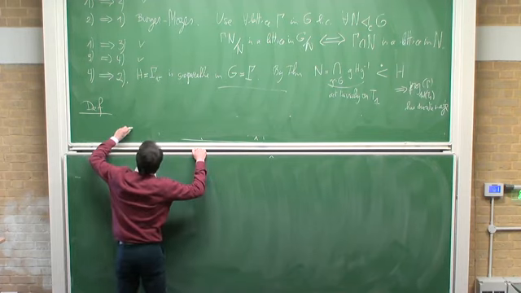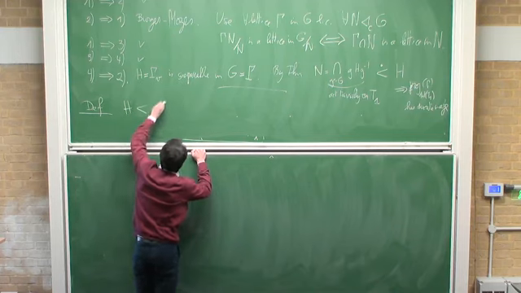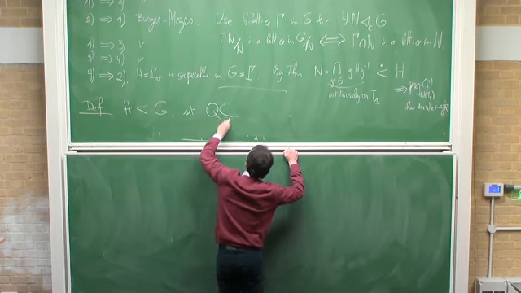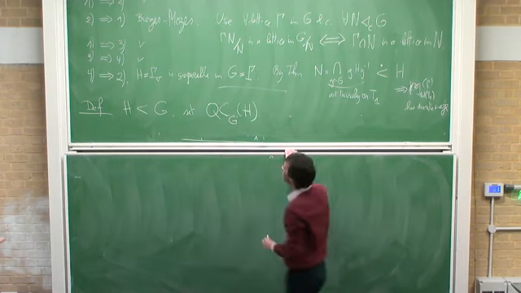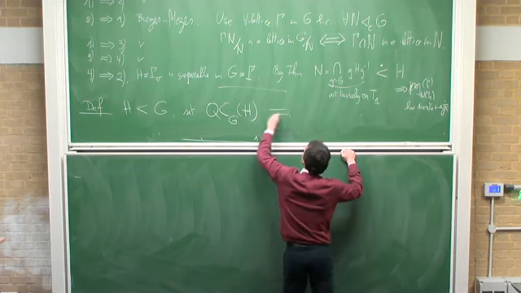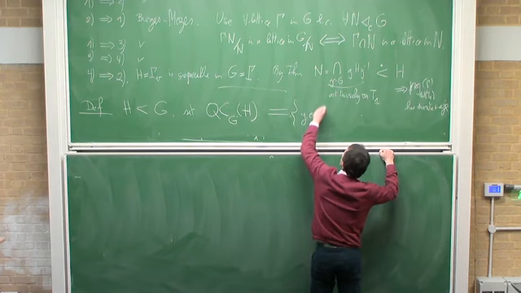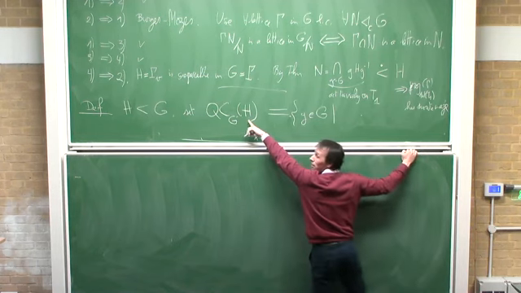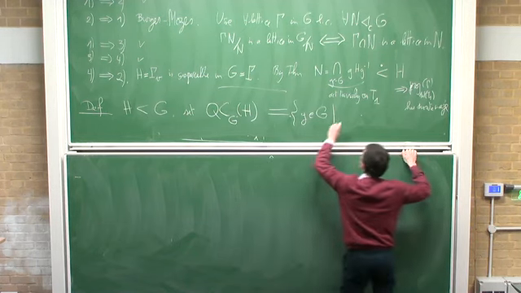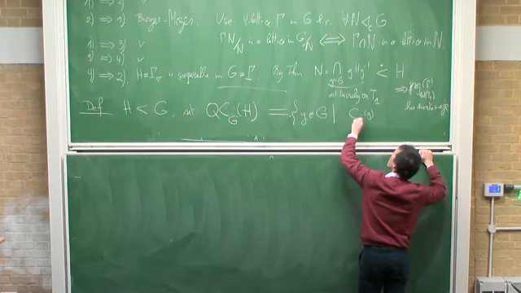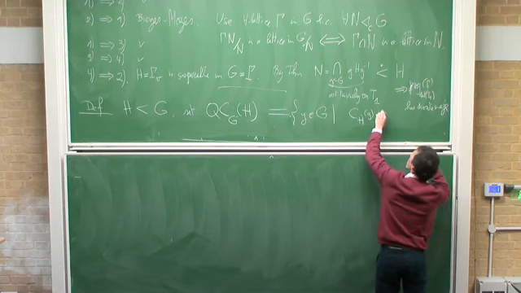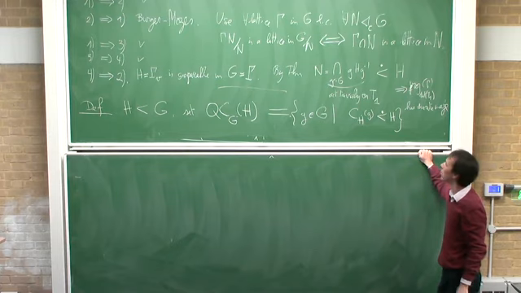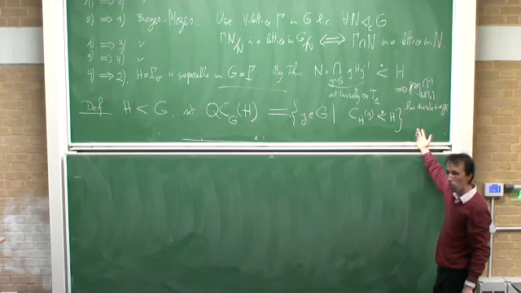Okay, definition. If H is a subgroup of a group G, you define QC_G(H), the quasi-centralizer of H in G, to be, by definition, the collection of elements of G such that G centralizes a finite index subgroup of H. In other words, if I look at the centralizer of g in H, I want that this has finite index in H. And you convince yourself that this is a group.